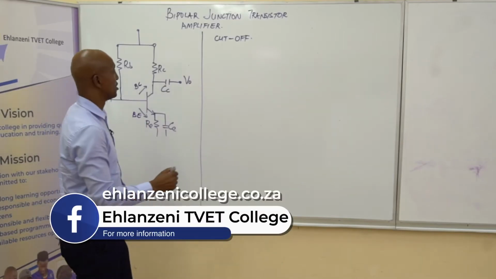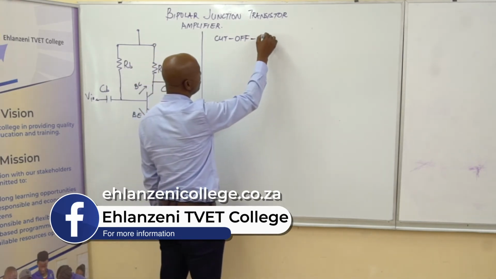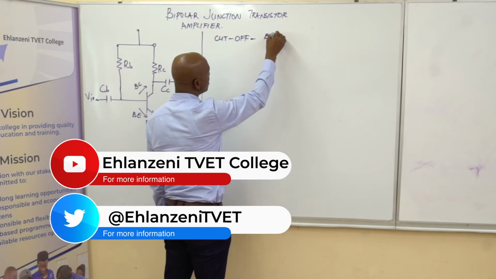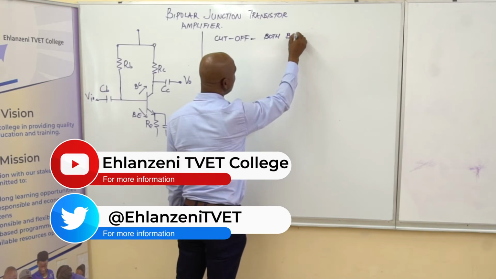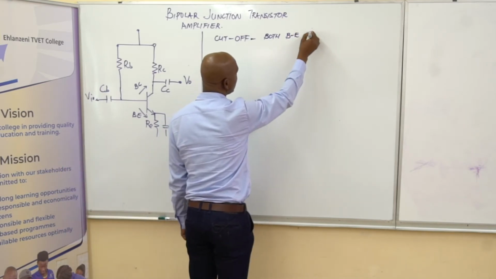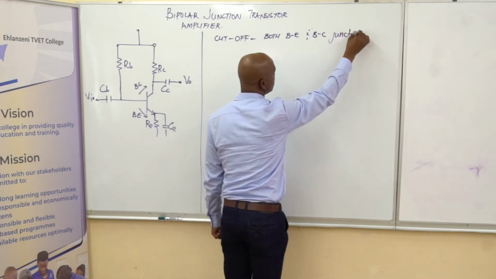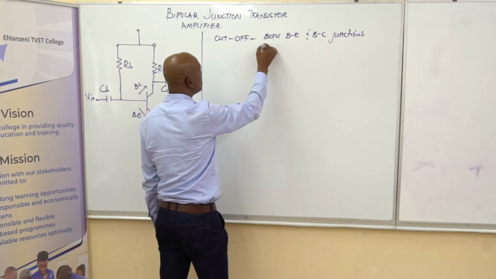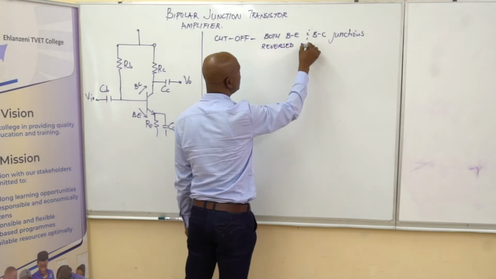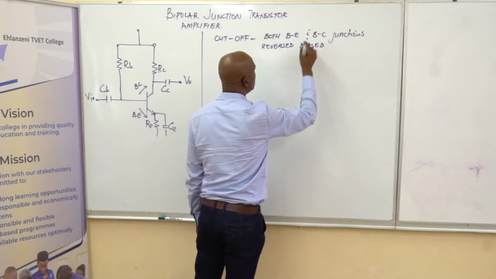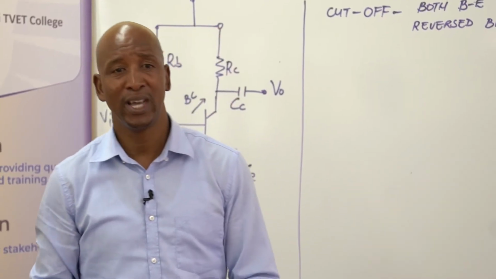So in a cut-off region, it simply tells us that this transistor will have both the base emitter, if you see me writing BE, base emitter, and base collector junctions, all reverse biased. So it simply means that both these junctions are in reverse bias mode.